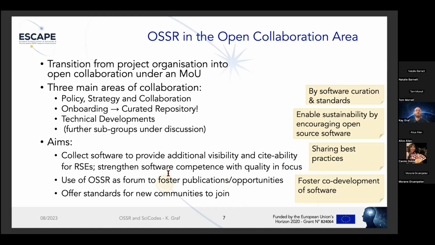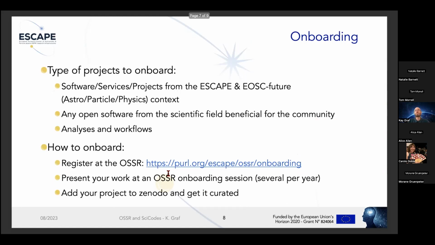But of course, also to foster publication opportunities and offer standards for new communities to join in. So we already have a way to allow actually more sub-communities to join in an easy way.